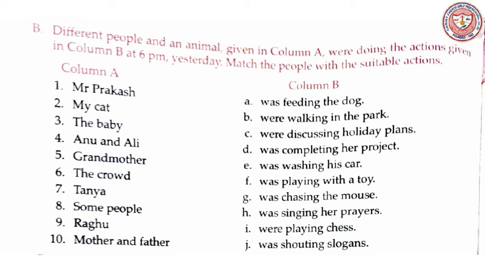Now number 2, my cat. Yes. G. My cat was chasing the mouse. When was it chasing the mouse? It was chasing the mouse at 6 p.m. yesterday. So this way please do the rest.